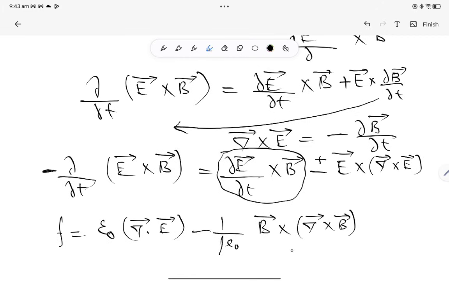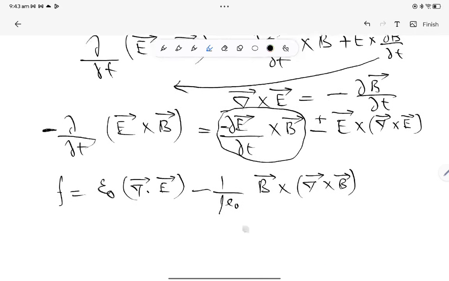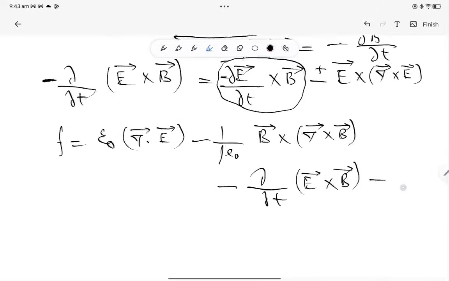So you have minus del E by del T cross B equal to minus del by del T E cross B, and then minus E cross del cross E.